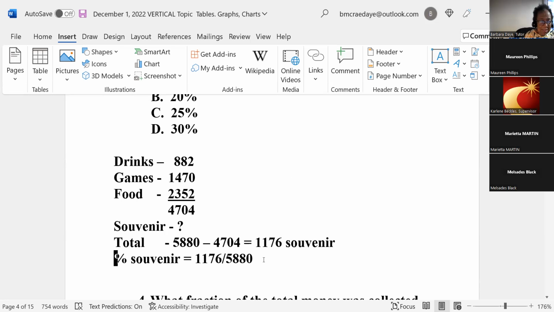Marietta, you got that? That's number 3. You get a decimal and you just multiply it by 100 and get the percent, right?